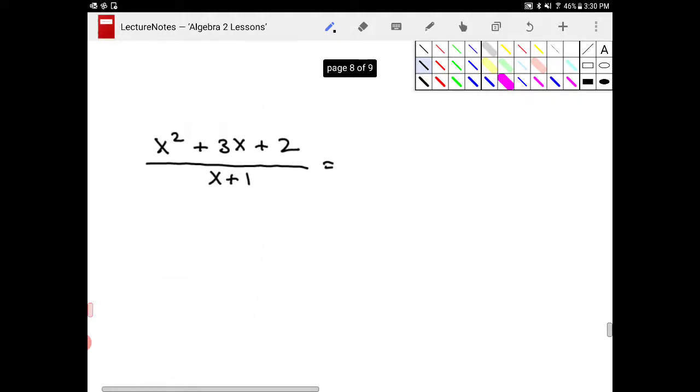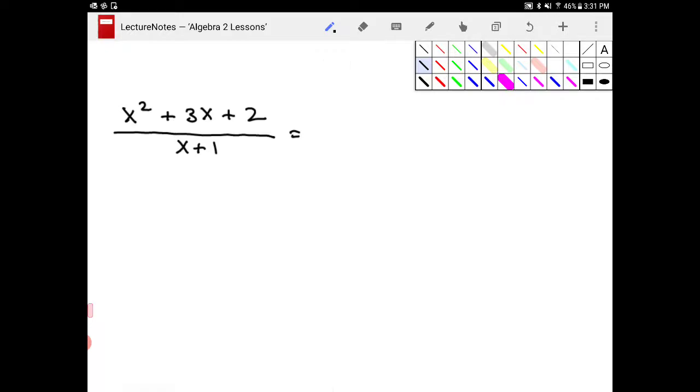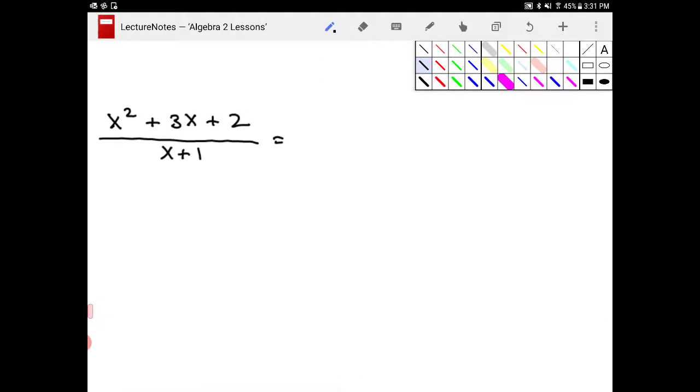Now we get into a little more abstract scenario where we're dividing polynomials. Now we're getting to the heart of what this video is about. The first thing you would want to do is check whether or not there are any common factors. Is x squared plus 3x plus 2 reducible? Is it factorable? You check, and yes, it is.